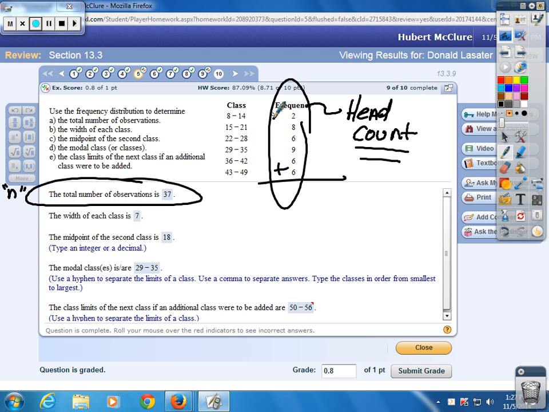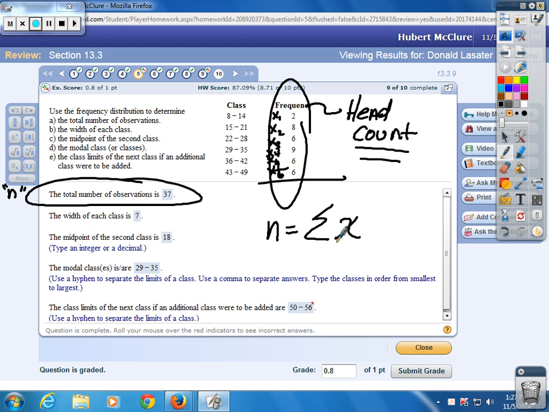This is x of 1, this is x of 2, x of 3, x of 4, x of 5, and x of 6. N is equal to the summation of x. So that's a 25-cent word. This is a 25-cent equation for, if you want to find n, you add up all the head counts.